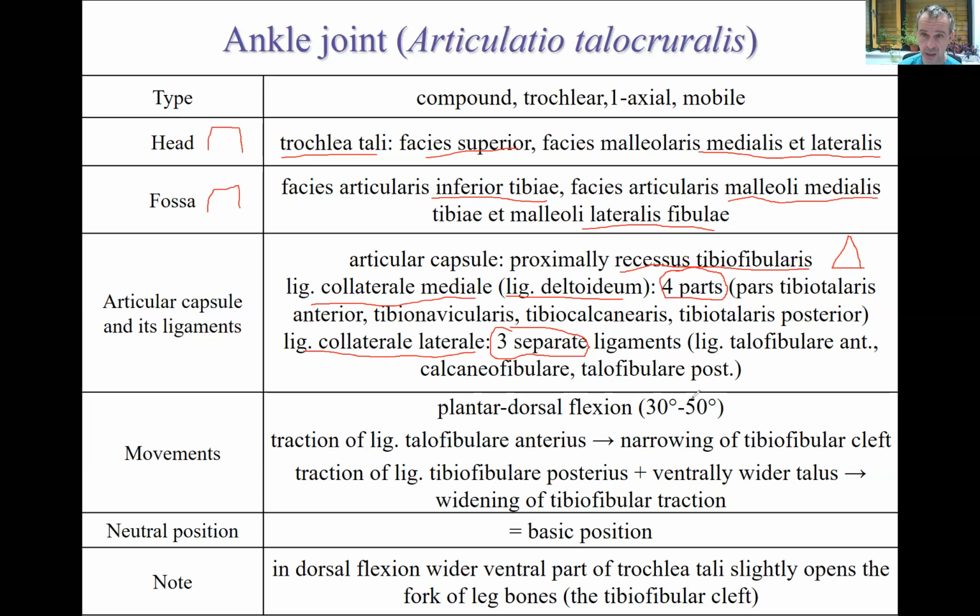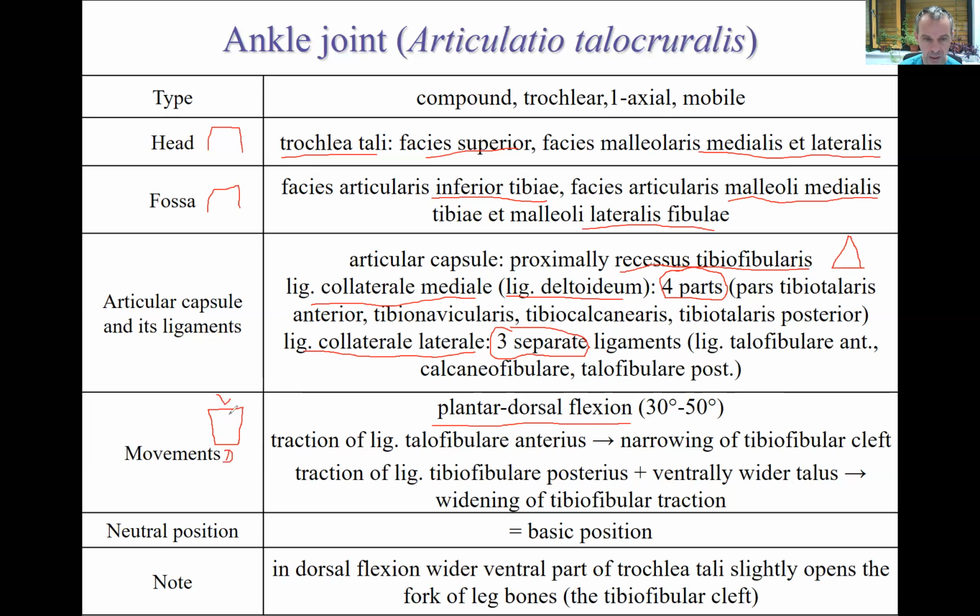When it's monoaxial joint, we have only one movement, and that's plantar dorsal flexion in the extent of 30 to 50 degrees. Yeah? The movement is not so easy, as the 2 distal parts of bones of tibia and fibula form a cleft in between, tibiofibular cleft. And the trochlea of talus, if you look from above, yeah, so this is ventrally, and this is dorsally.